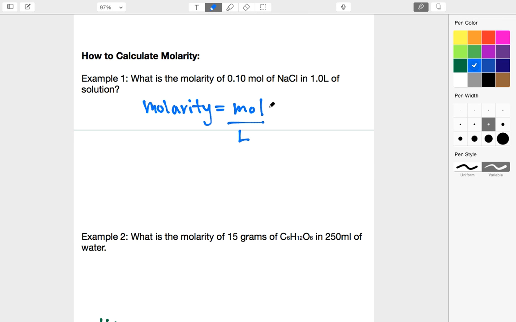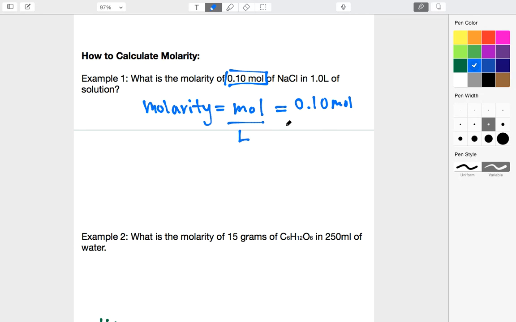In this case, my moles are 0.10 moles of NaCl, so I'm just going to write 0.10 moles of NaCl on top.